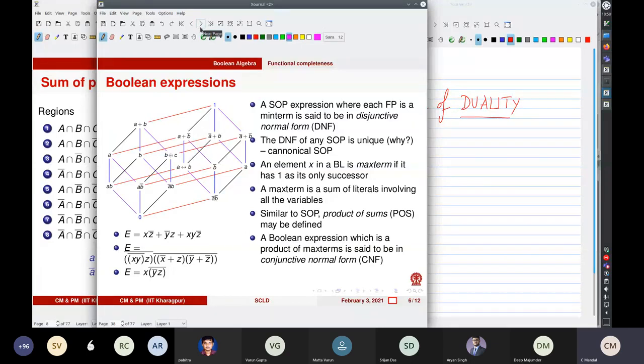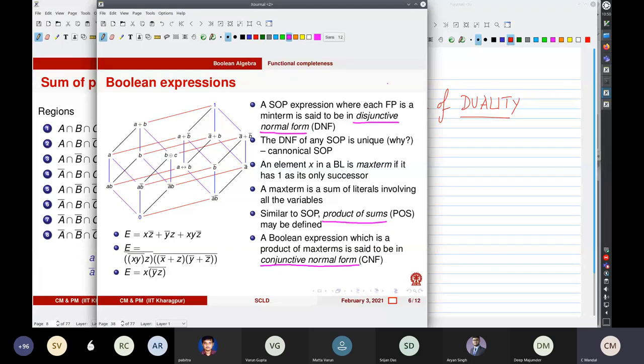Correspondingly, just as you have a disjunctive normal form, the sum of products, you have the product of sums, and when each sum is a max term, then you have another representation which is called the conjunctive normal form.